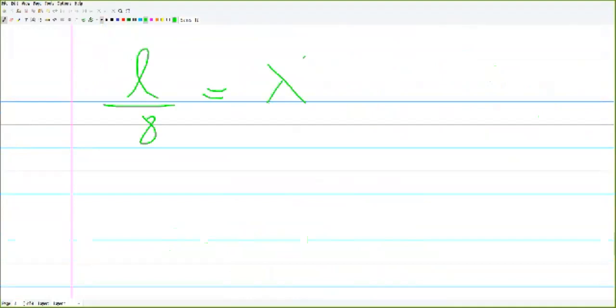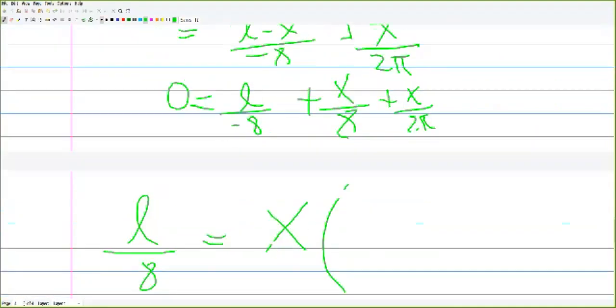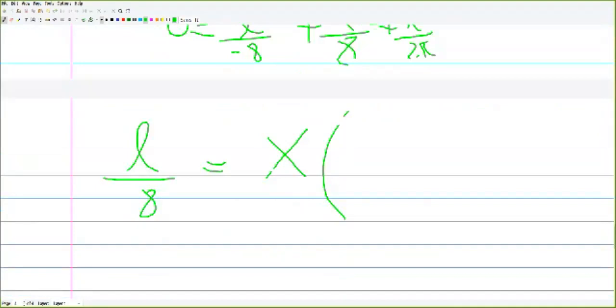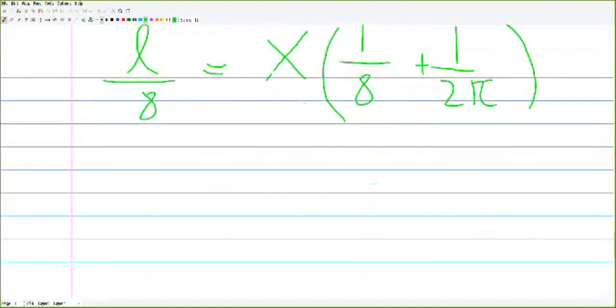X factor of 1/8, 1 over 2 pi. I could just multiply it, but I've done this multiple times, the same exercise. So that's equal to 8 pi.